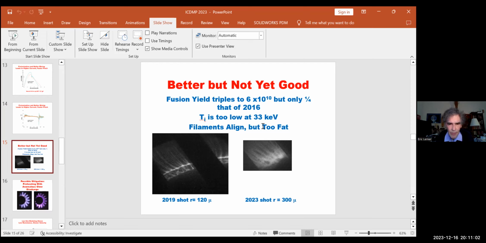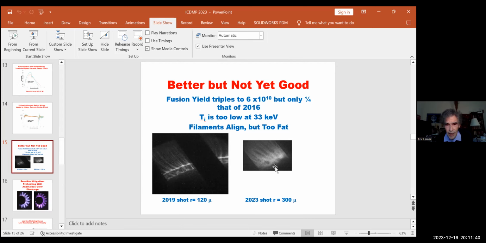So we looked at what was happening to the filaments, and there were interesting changes in the filaments. Again, this is about 700 nanoseconds into the rundown. Back in 2019, we were getting thin filaments, but very disorganized at the front of the sheath. The filament radius was down around 120 microns, but they were totally disorganized in front of the sheath, and that led to poor pinches.